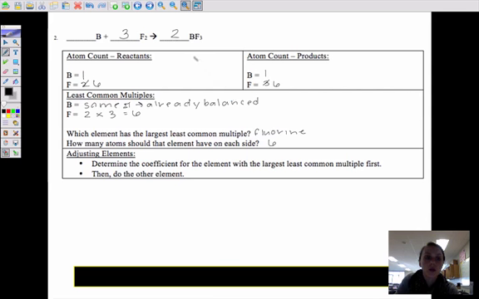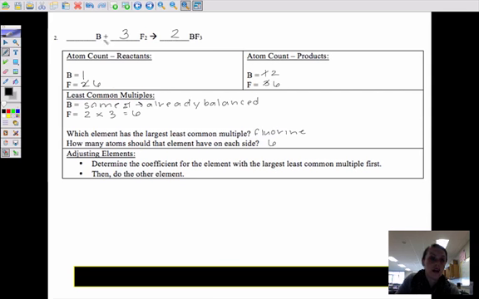But wait, we put a 2 in front of BF3 too, so doesn't that change the amount of boron? It does. Now, in 1 molecule of BF3, there's 1 atom of boron. But in 2 molecules of BF3, there's 2 atoms of boron. So if I have 2 atoms of boron on the right, then I also need 2 on the left.